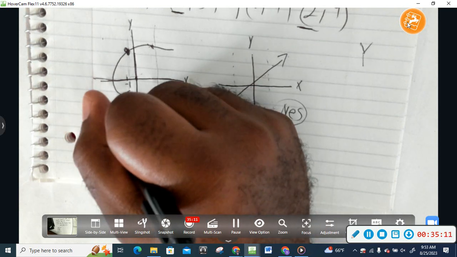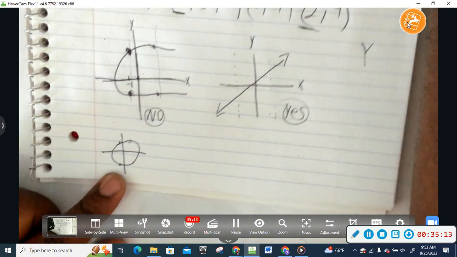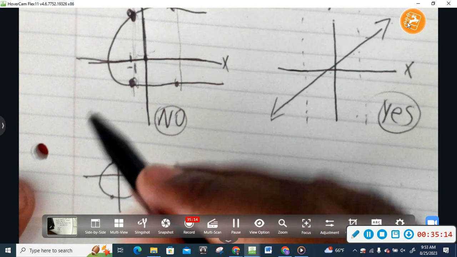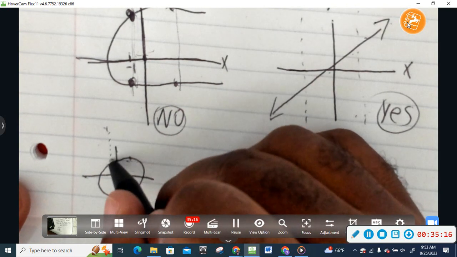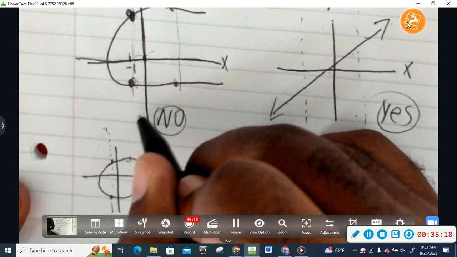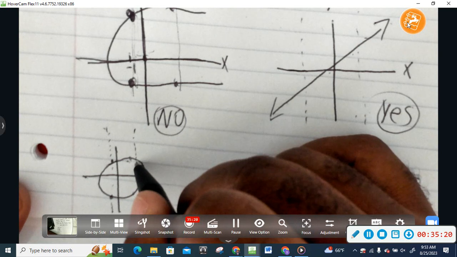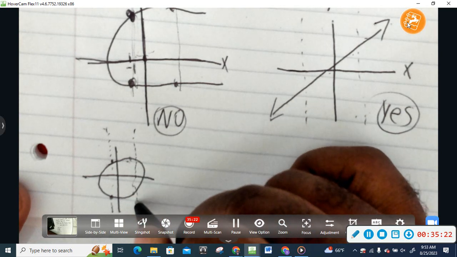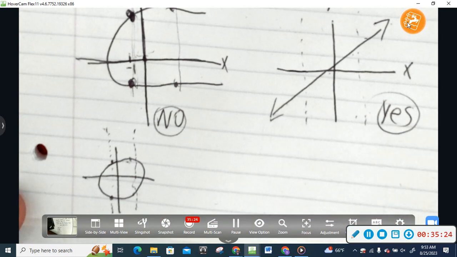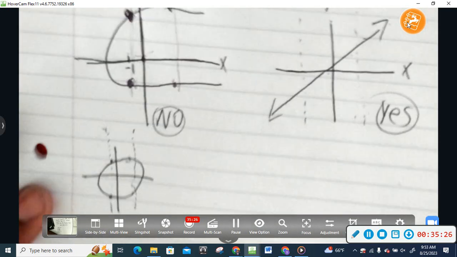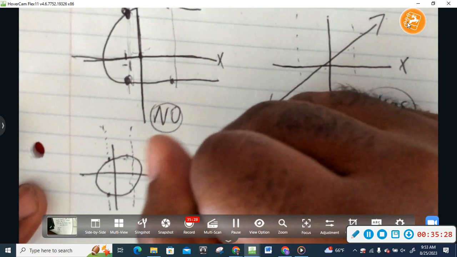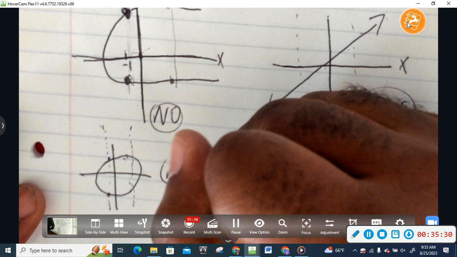If I do a vertical line test, let me zoom in, through the middle of this, I touch this circle twice on the way down in this first quadrant, and then I touch it again down here. So that is not a function. Not a function.